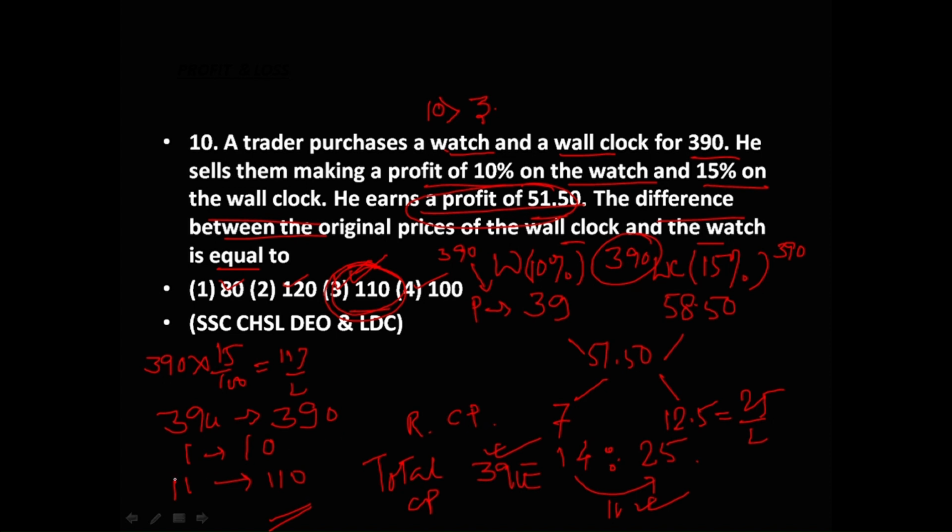How? 11 is the value of the difference of the ratios, so the difference should be a multiple of 11. But in these four options only option 3 is a multiple of 11, otherwise 100, 120 and 80 are not possible. So 110 is option 3. Understood? Moving to the next one.